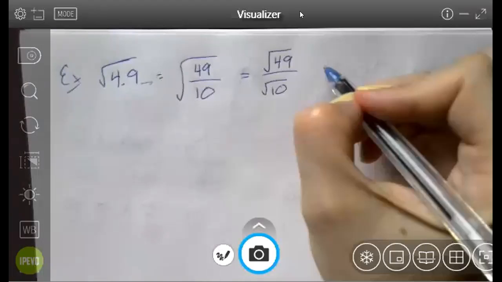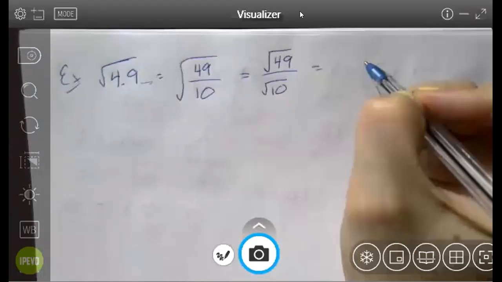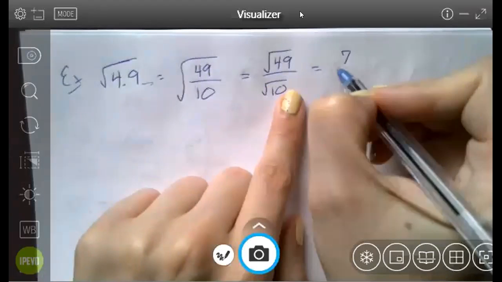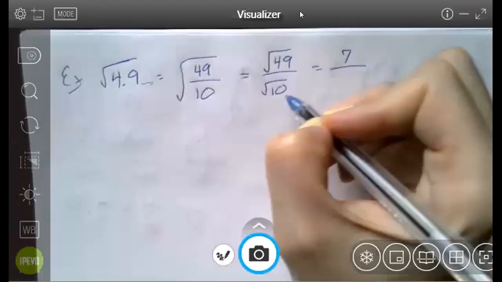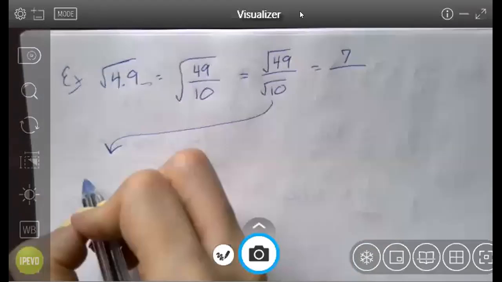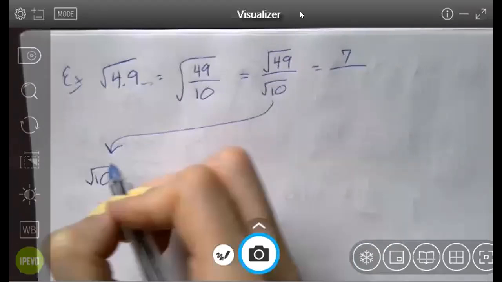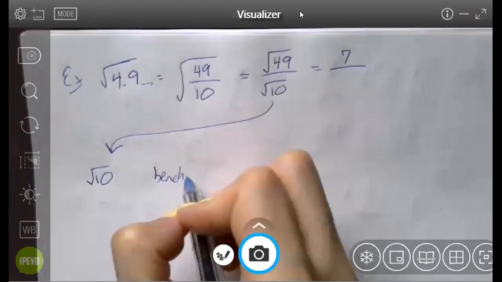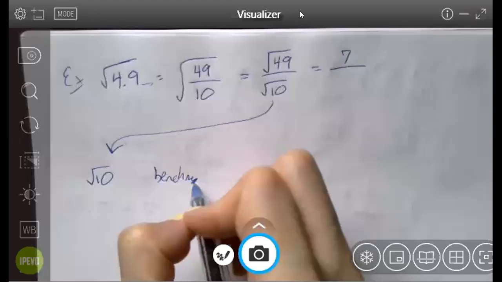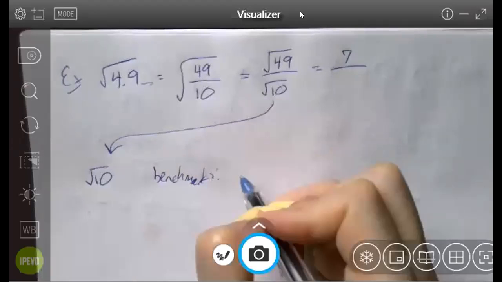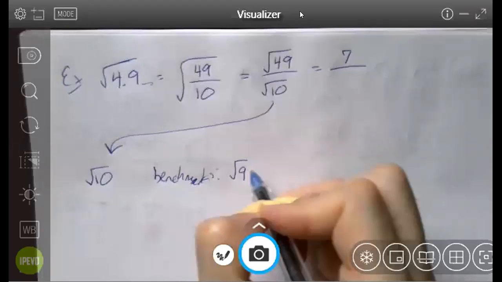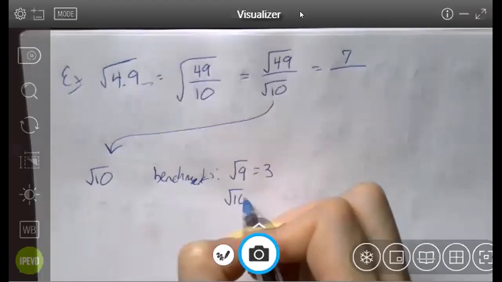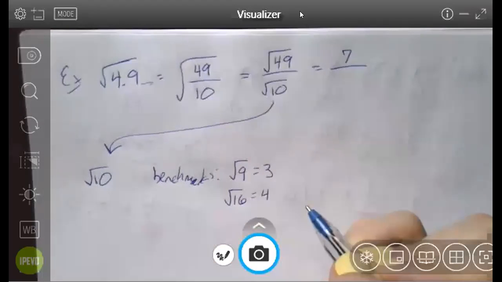And then 49 is a perfect square, so I know that the square root of 49 is 7, but I'm going to have to come down here and estimate what the square root of 10 is. Now, the benchmarks that we would use would be the square root of 9, which is 3, and the square root of 16, which is 4.